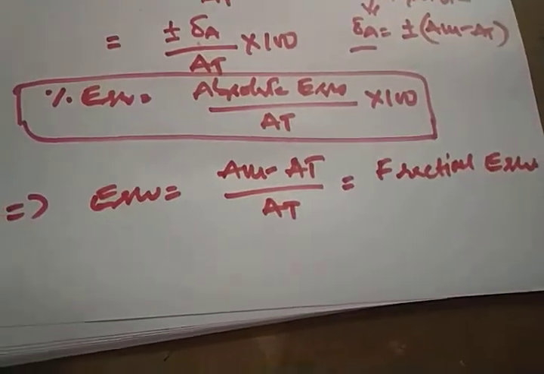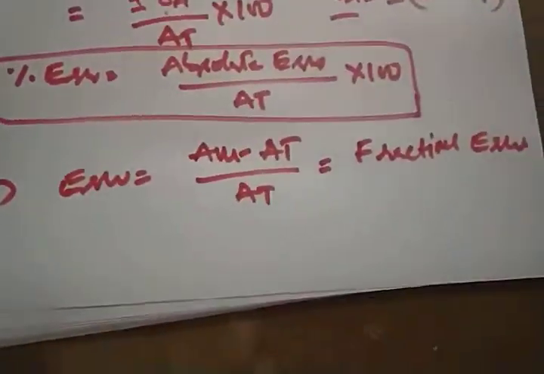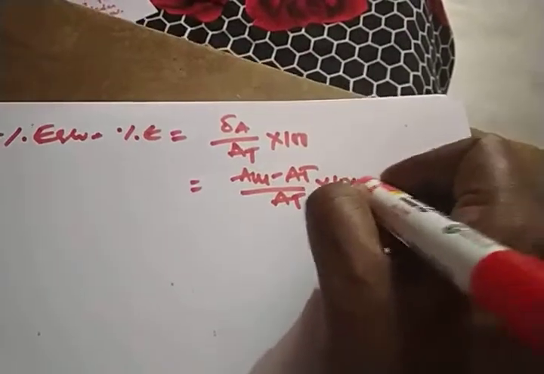If you apply into 100, then we call it a percentage error. So percentage epsilon is equal to delta A by AT into 100, that is nothing but (AM minus AT) by AT into 100.